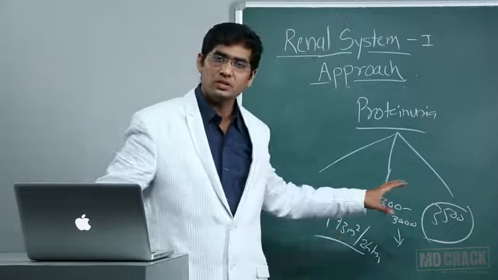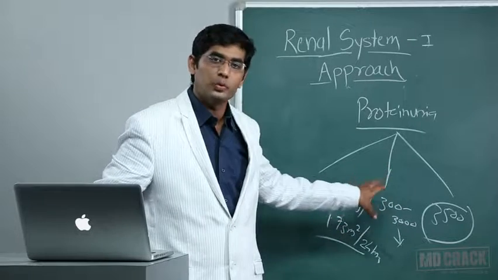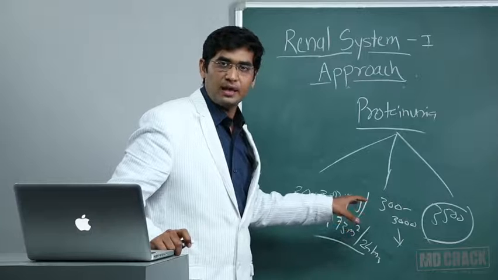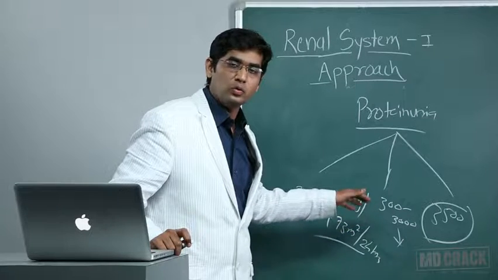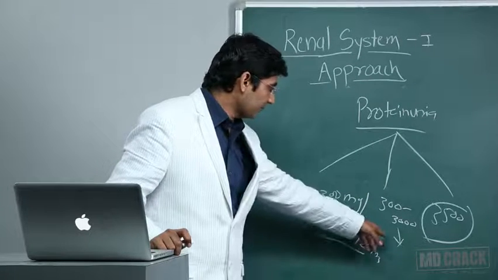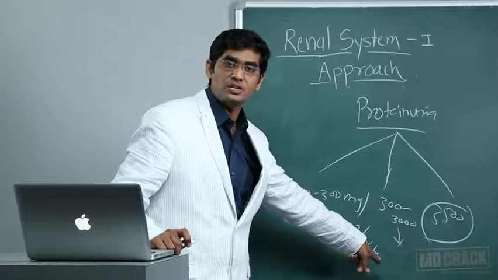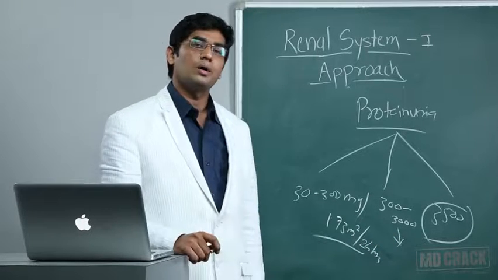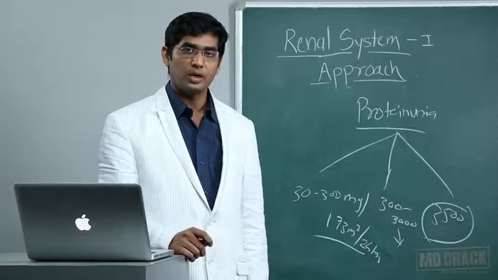So this was a rough approach for proteinuria, and in some cases, like in multiple myeloma, you may need to go for electrophoresis, like the patients of intermediate stage. So those patients may need electrophoresis. Even multiple myeloma is a cause of proteinuria. So you should remember that point.